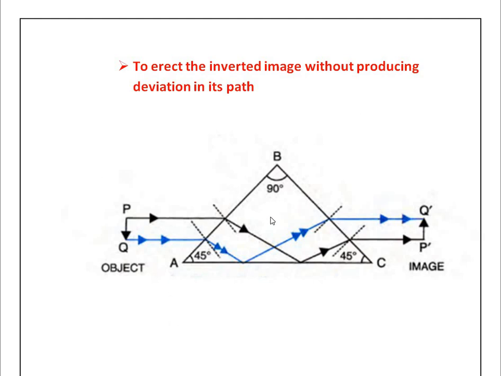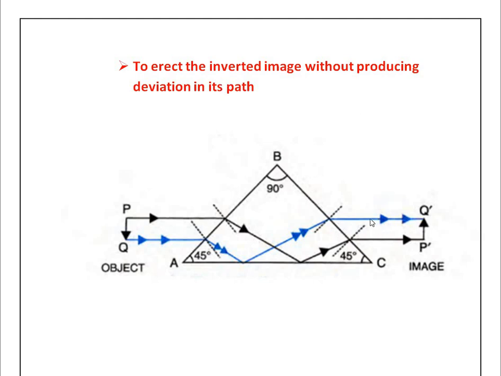It suffers refraction from air to glass and strikes the face AC of the prism, traveling from glass to air at an angle of incidence 45 degree, which is greater than the critical angle of 42 degrees. So it suffers total internal reflection.